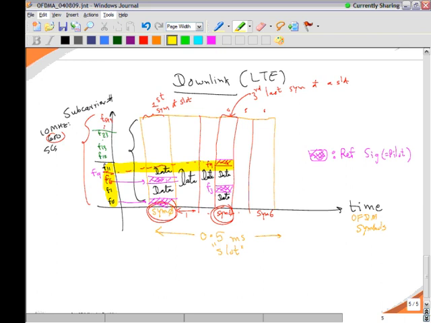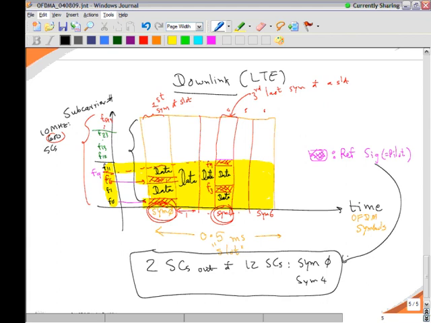Inside that block, you will observe that you are using 2 subcarriers out of 12 during symbol 0 and symbol number 4.